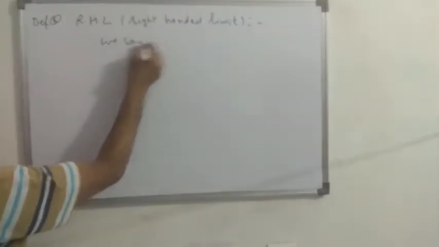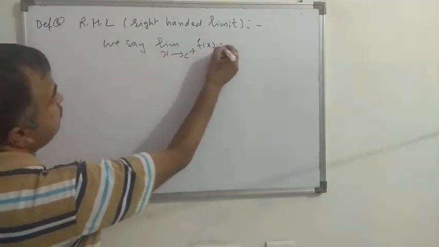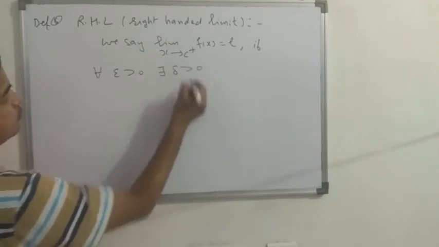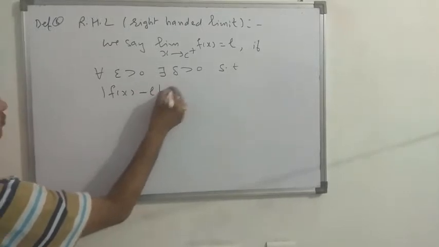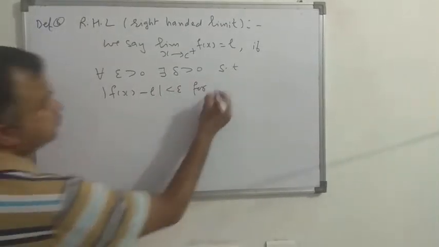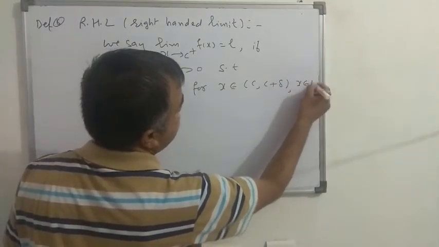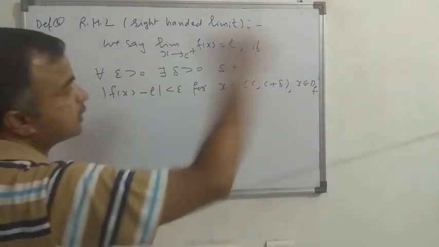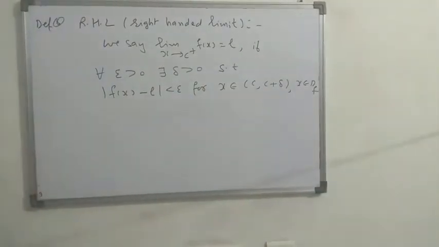So we say limit x tends to c positive of f(x) equals L if, for x belongs to (c, c plus delta) where x belongs to the domain of f, that is, for all those x which are greater than c, that is, these x lie towards the right neighborhood of the point c.